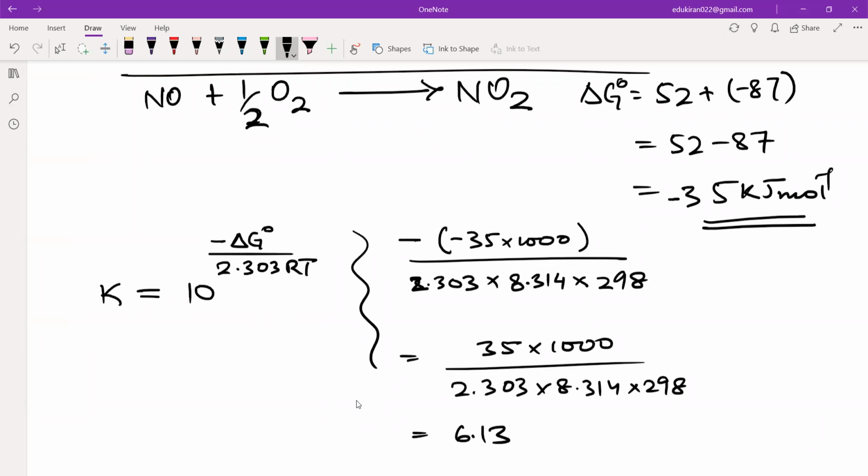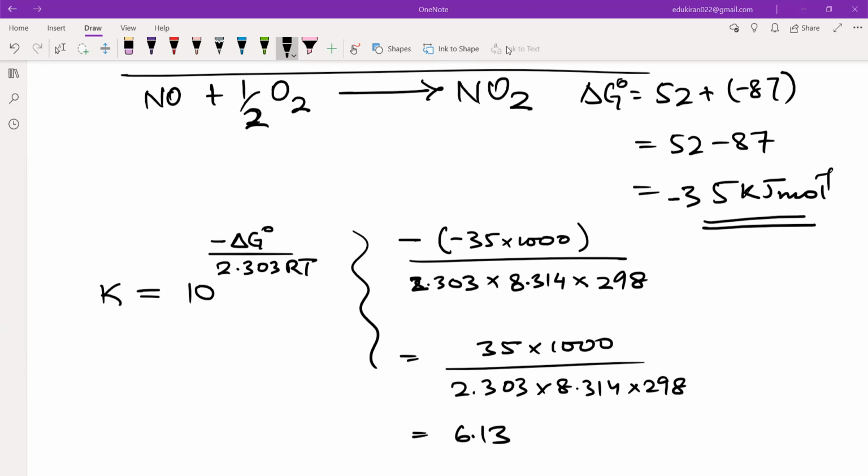Are you getting this value? Yeah, guys, tell me.